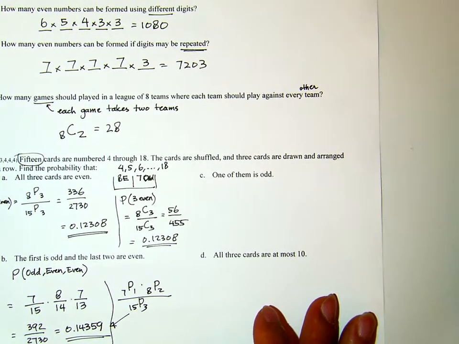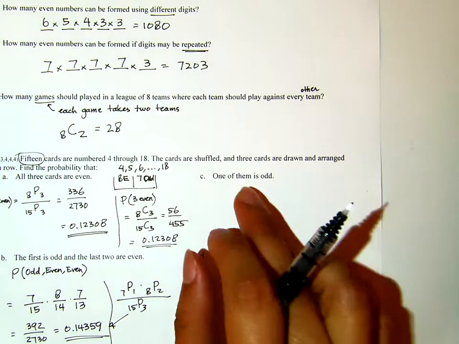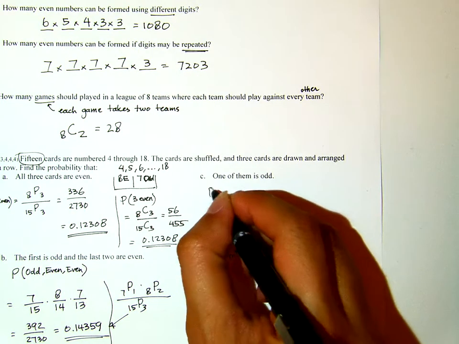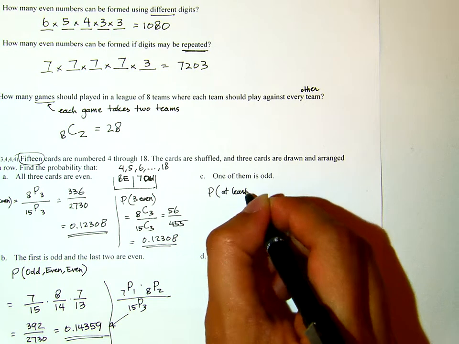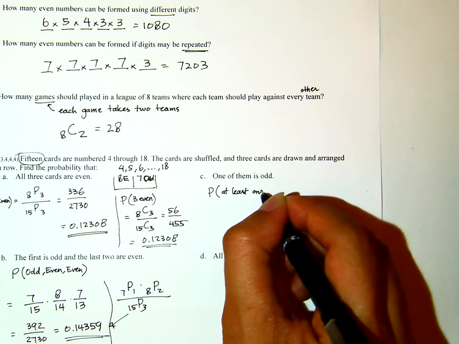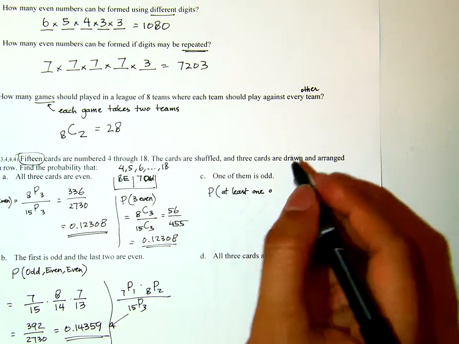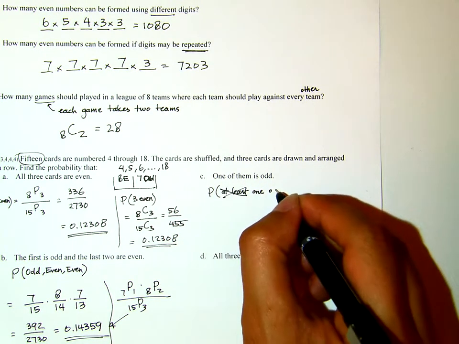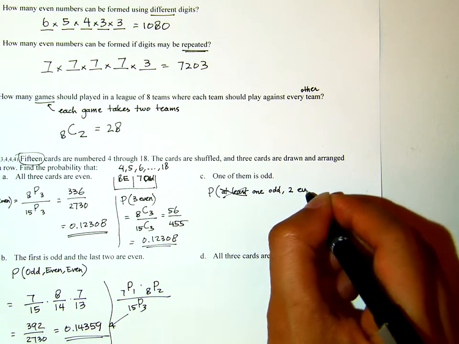Part C, what is the probability that one of them is odd? Notice that when they say one of them is odd, the order doesn't matter. This is not at least one odd. This is basically one odd, which means the other two are even.